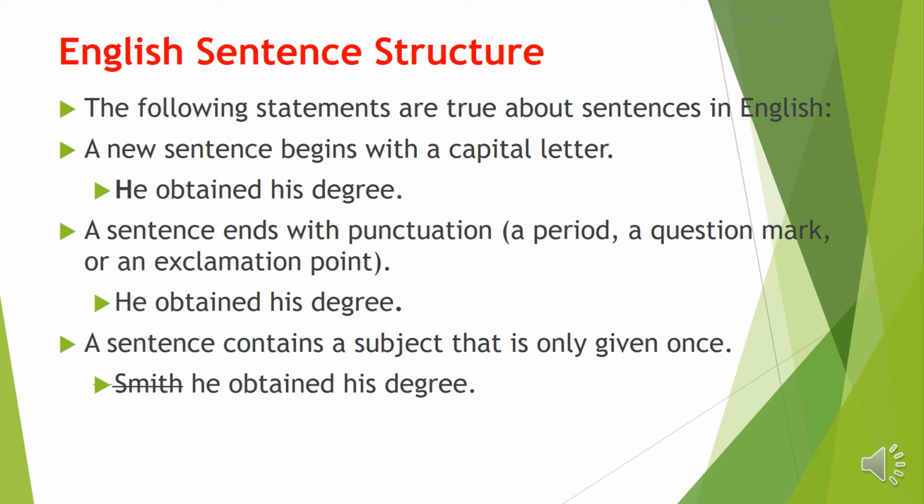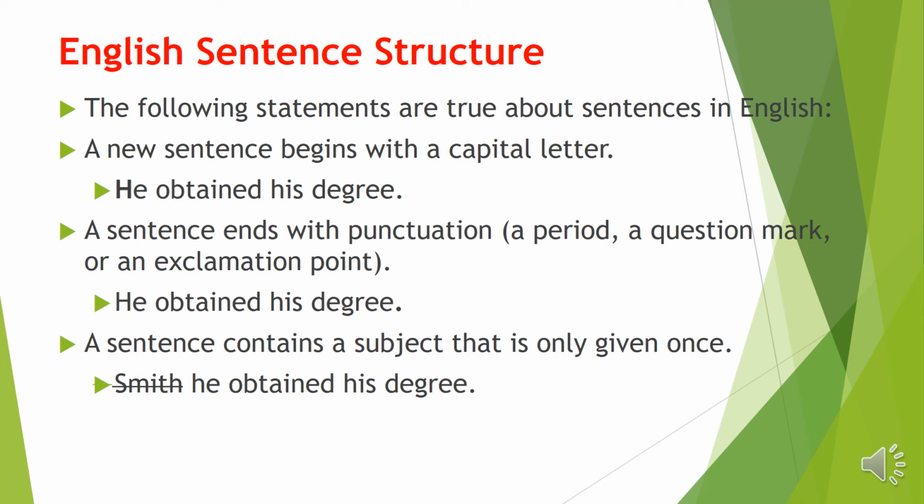The word "he," the first letter H, is written in a capital letter or uppercase. A sentence ends with punctuation, which is a period, a question mark, or an exclamation point. "He obtained his degree." I am using a period here. That shows that the sentence is already a complete idea.